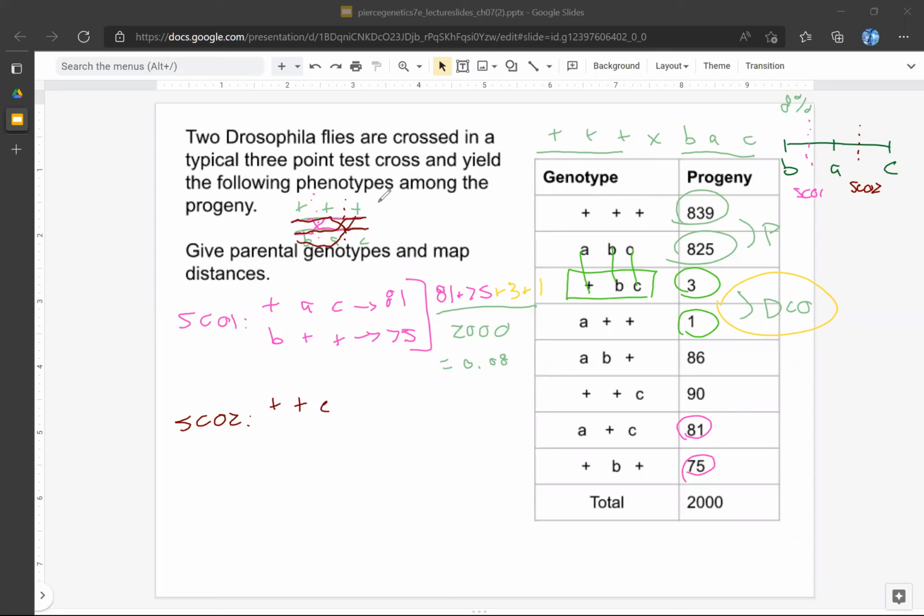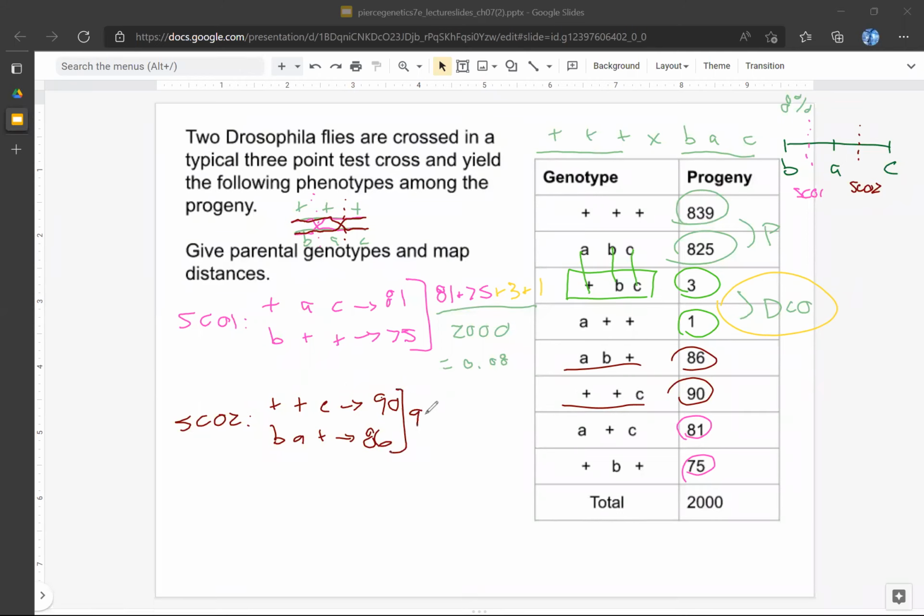And then BA plus. We'll follow that in a more followable way. Plus plus C is this genotype. So 90 individuals. BA plus is this one. So 86 individuals.